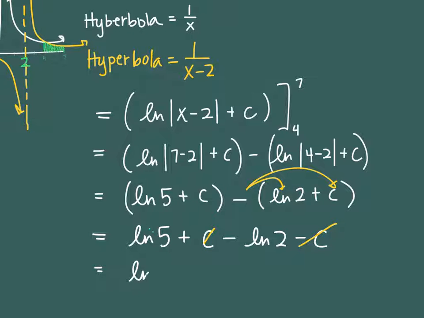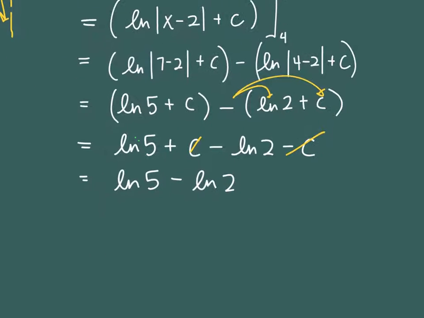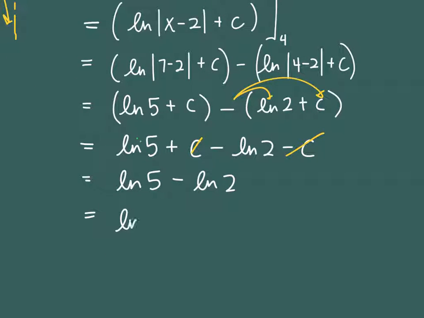And we end up with the natural log of 5 minus the natural log of 2, which is a logarithmic property, which is the natural log of 5 over 2. The difference of two natural logs is the quotient, is the natural log of those as a fraction. Similarly, if you would end up with an addition, natural log of 5 plus natural log of 2, that's the multiplication, so you'd end up with ln of 10.